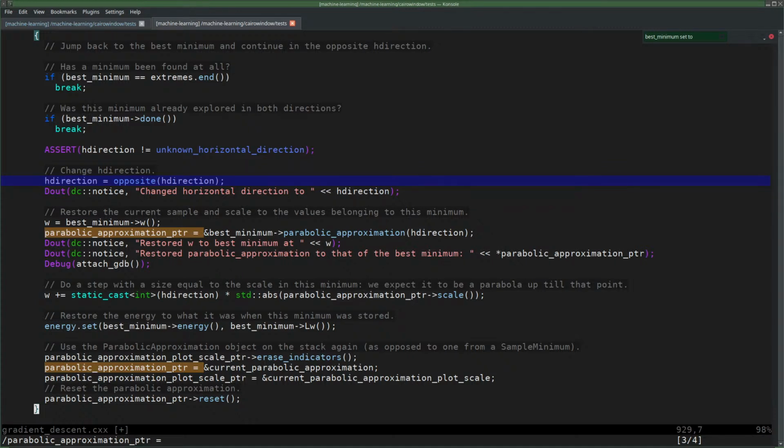So that is after aborting a direction. So after storing an extreme, it points to the extreme, and then it's pointing back to the stack only after aborting.